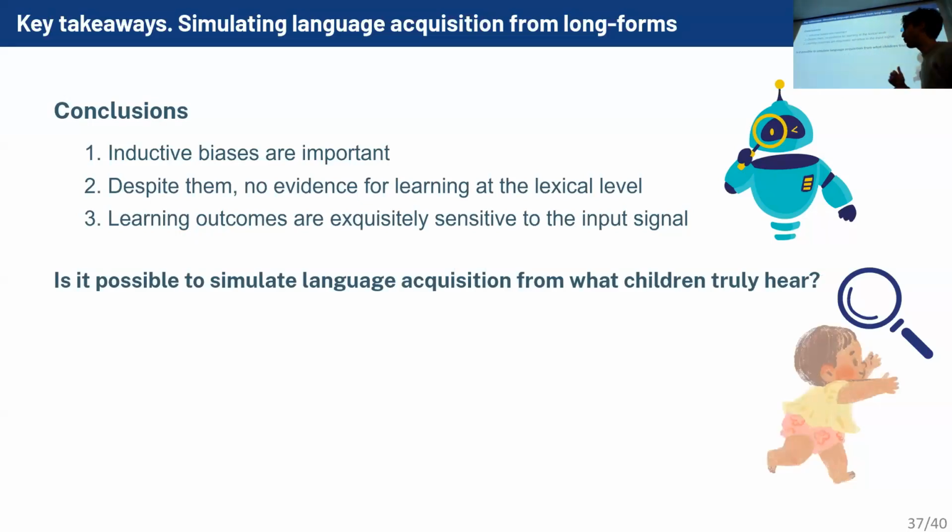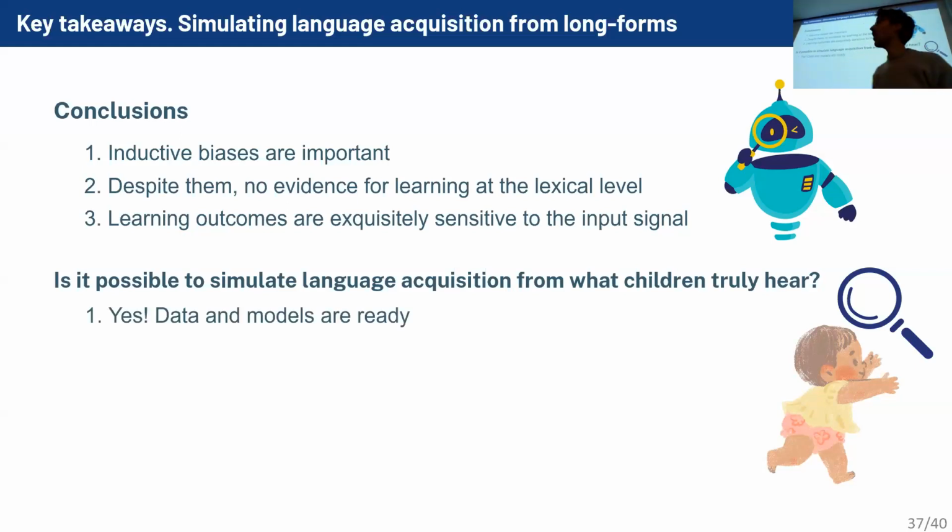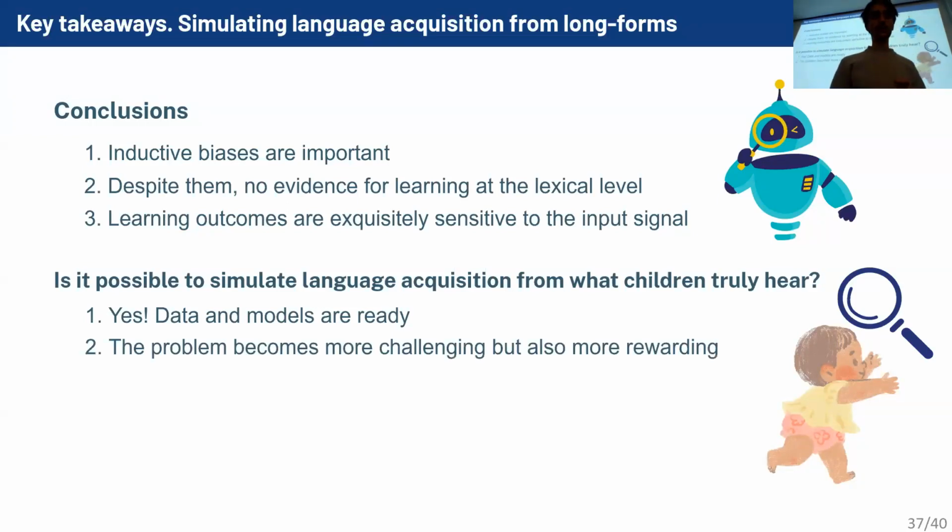Our goal at the beginning was to build a language acquisition simulation from realistic data. And I think with this study, although our results are not perfect, we showed that we have both the data and the models. So data and models are ready, so we can start thinking about this problem. But if we want to build a language acquisition simulation from naturalistic data, the problem becomes much harder than using audiobooks or strings of phonemes and so on.